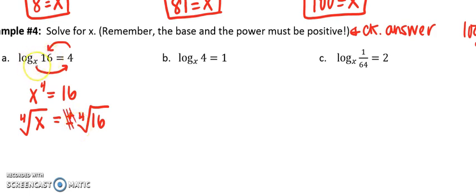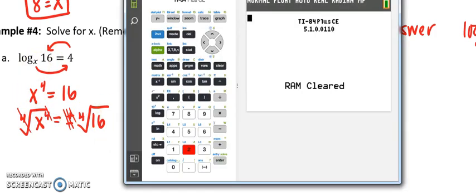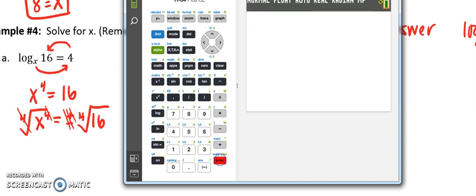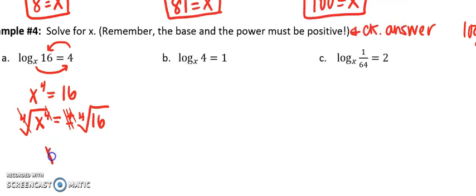So these cancel out. Then I'm going to do fourth root of 16 in the calculator. You hit 4, math, option 5, and then 16. And it's 2. So x equals 2, a positive 2. Just make sure you never have a negative here or a negative here.